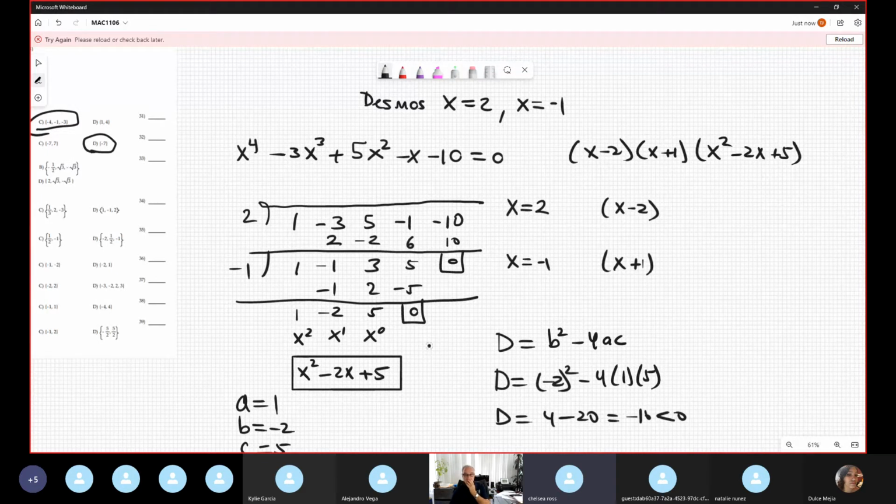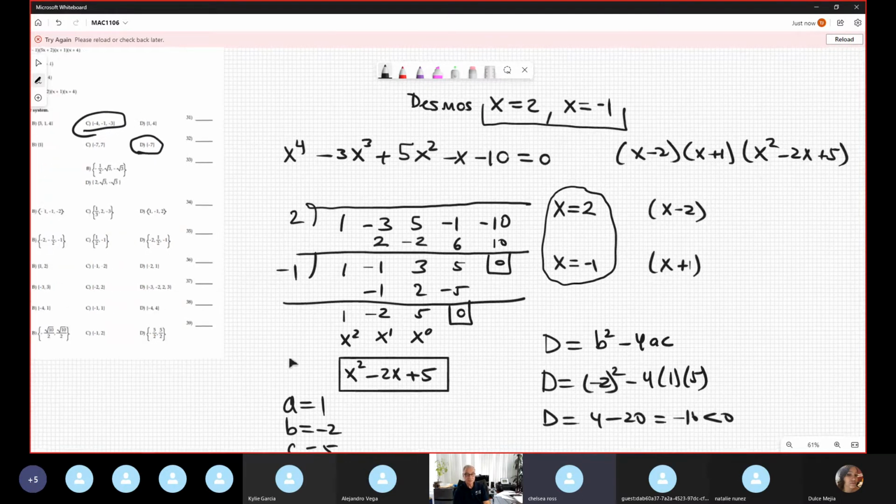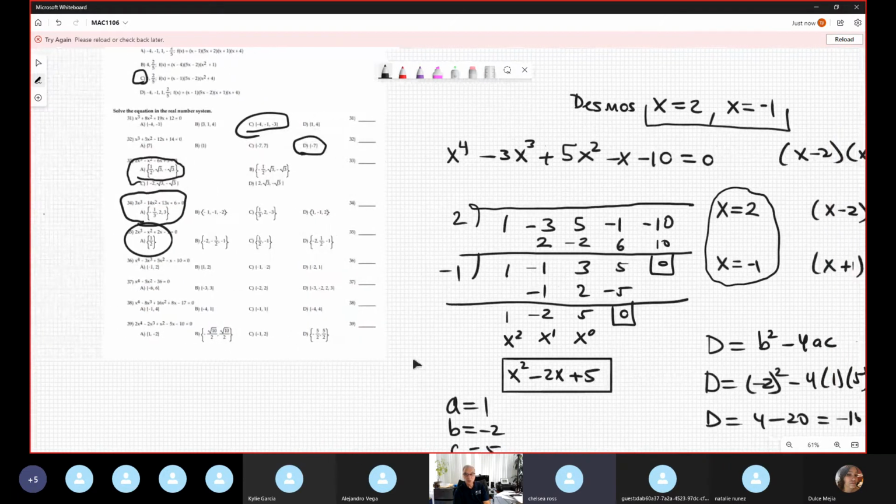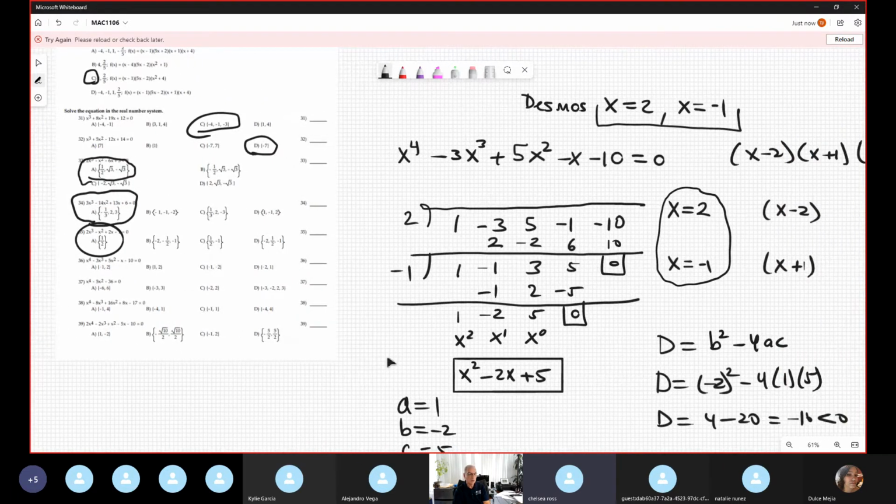But the question is the zero. The real zeros are 2 and negative 1. It's exactly the prediction you see in this one, and you verify algebraically. 2 and negative 1. Again, option A.